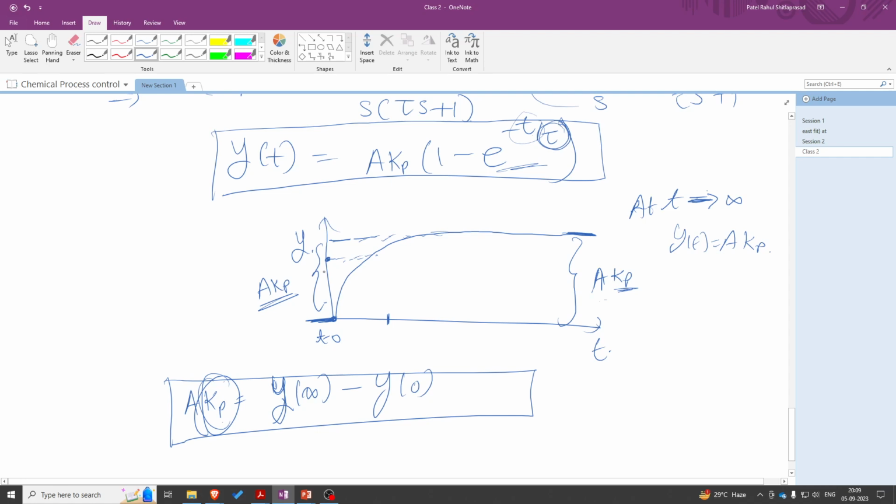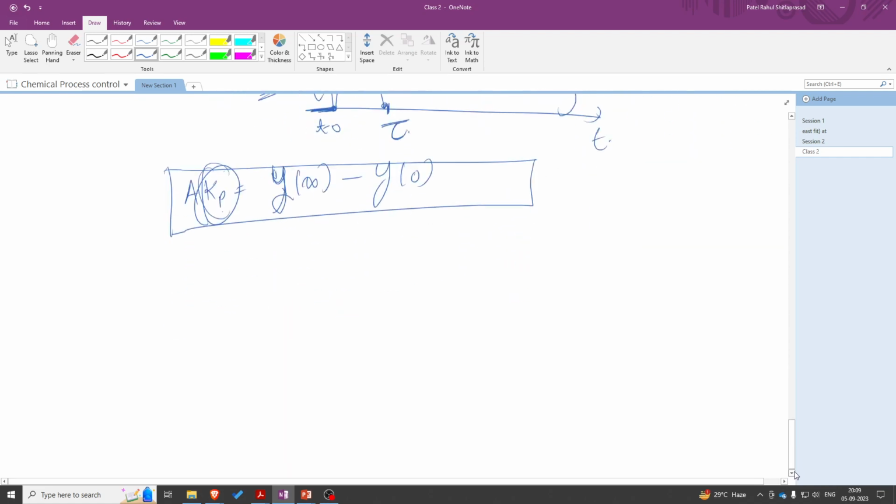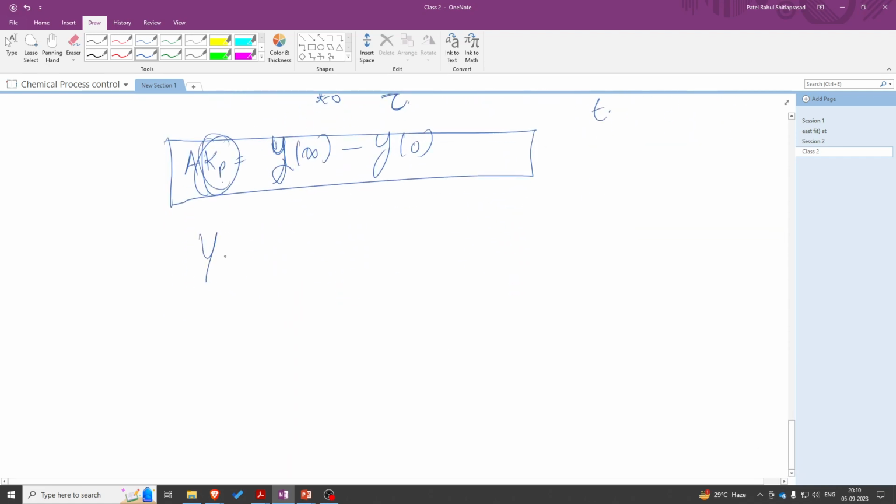So if this is 0.632 times A Kp, the time corresponding to this response we call tau. So if the steady state value is at infinity, then the time taken by the system to reach 63.2% of this value is known as time constant tau.